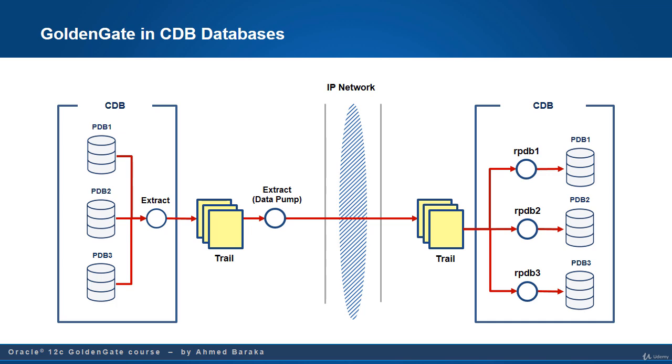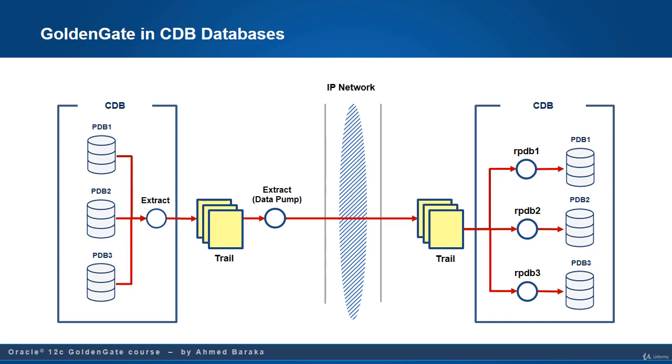C## accounts are created at the root CDB level, not at the PDB level. This makes sense because only root CDB accounts can have access to the archive log files. PDBs cannot access the archive log files.